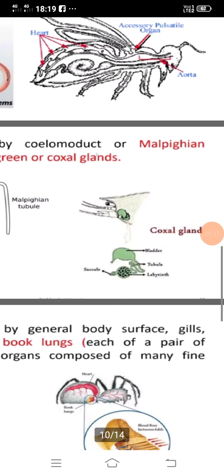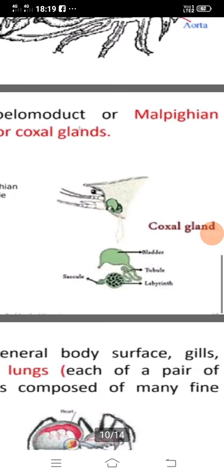So you can see in this diagram, the Coxal gland has a bladder, labyrinths of the saccule. They have a labyrinth of the saccule which takes the waste material, then through the tubule, it gives it to the bladder.